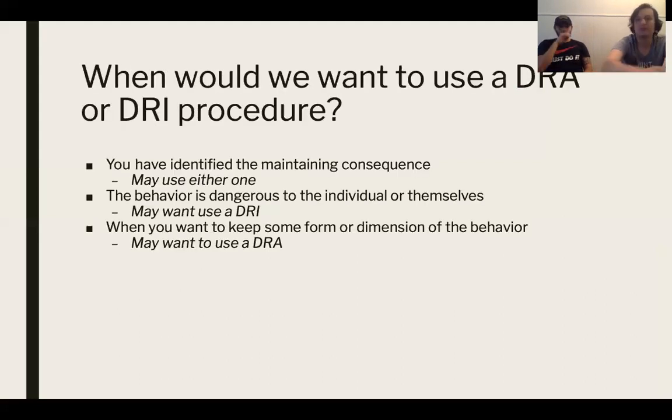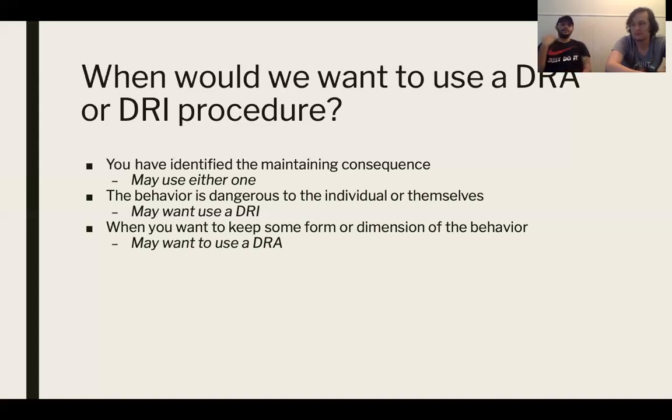Yeah, for that last one, what we mean by keeping some dimension of the behavior is, for example, if I'm cursing at someone and Will wants to change my cursing to some other kind of vocal response, he's not going to start reinforcing me covering my mouth, because he still wants me to use my vocalization, right?